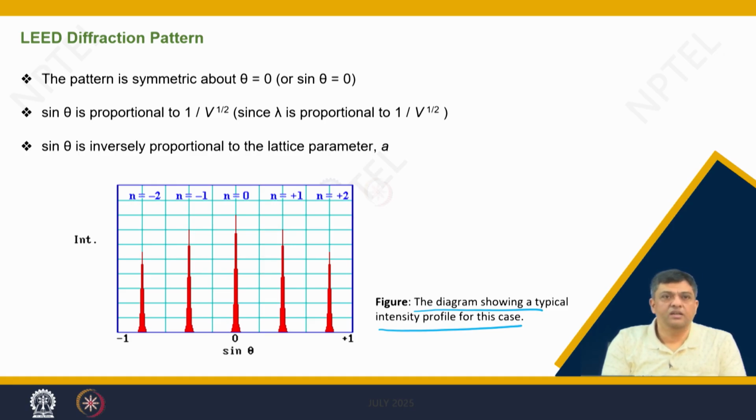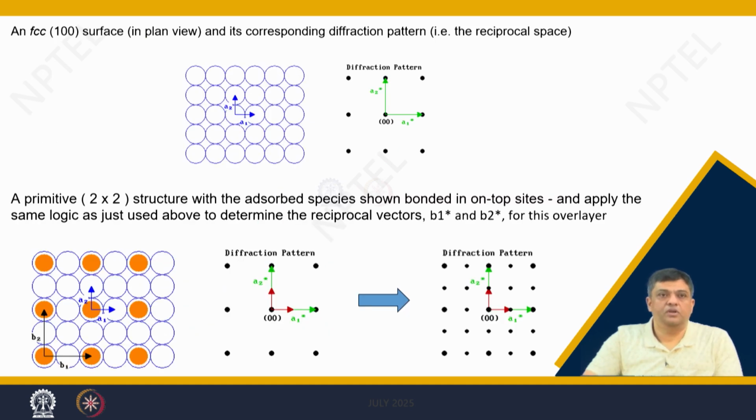The sin theta is proportional to 1 by square root of V, since lambda is proportional to 1 by square root of V. And sin theta is inversely proportional to the lattice parameter a. So, you can find out the arrangement of atoms.